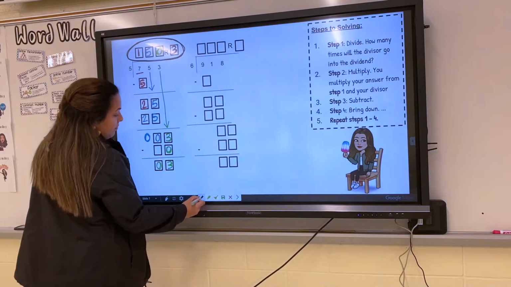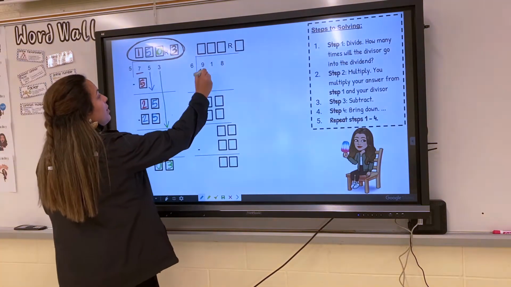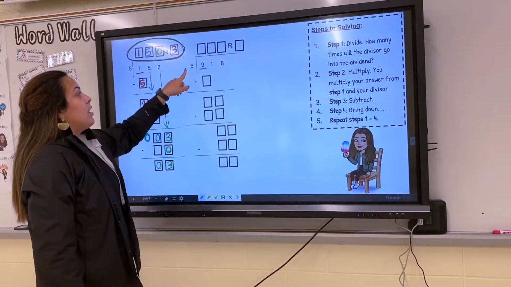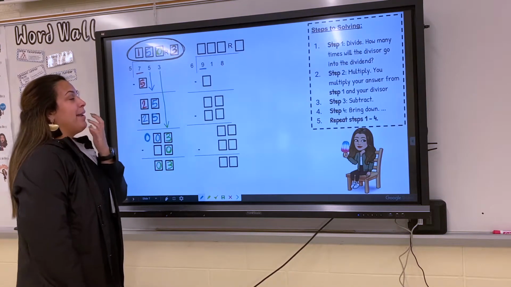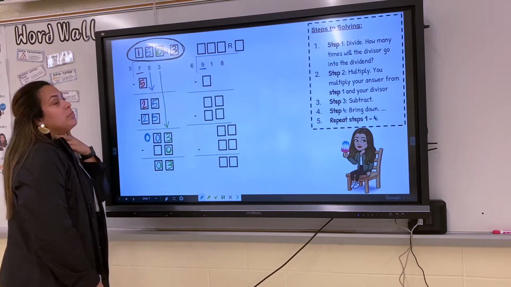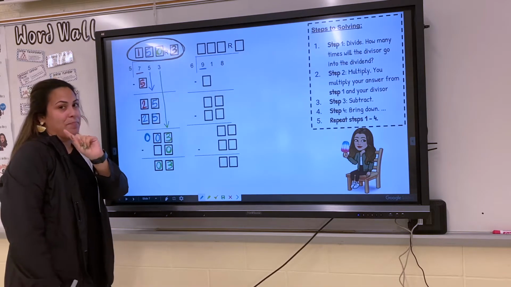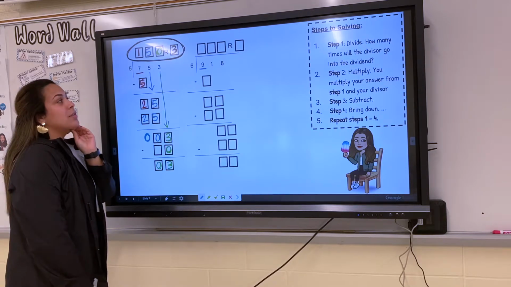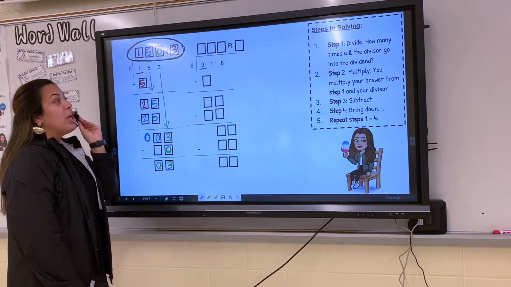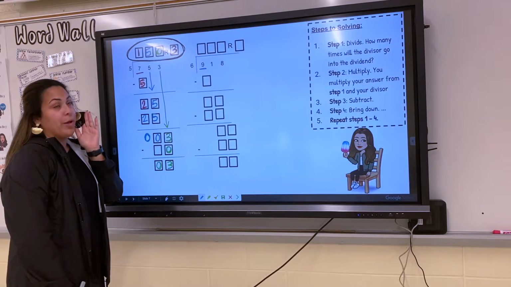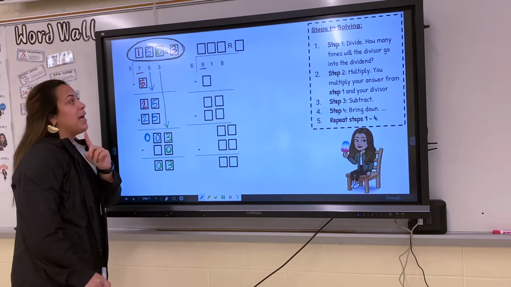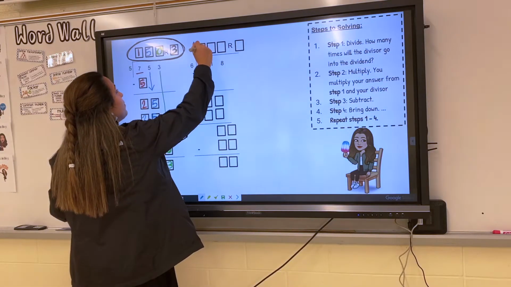Like I did over here, I'm going to start with the first place value closest to me. 6 can go into 9 one time, because 2 times would be 6 times 2, which gives me 12, and that wouldn't work out. So I'm going to write 1 at the top.